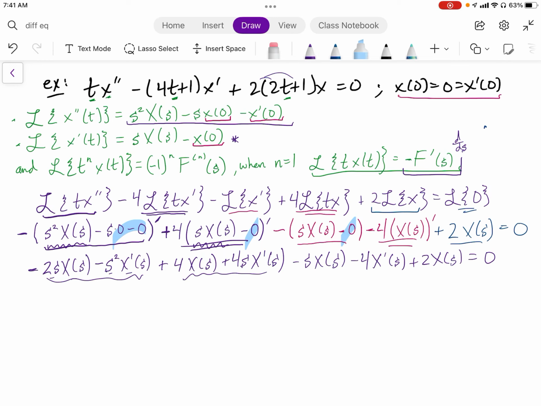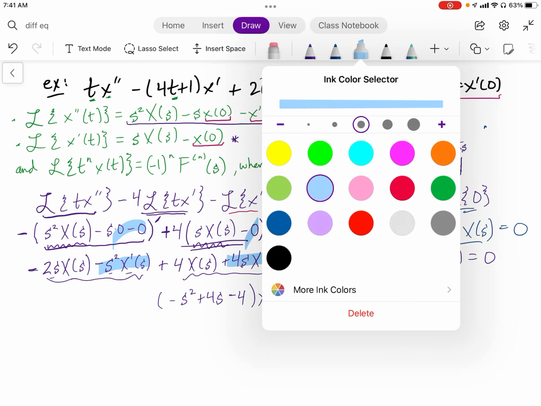All right, let's group. We want all the derivative terms first, so we have this one and that one. Grouping all those, we have an x prime of s times negative s squared plus 4s minus 4. Okay, let's change the highlighter color.